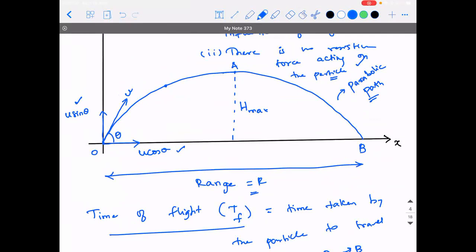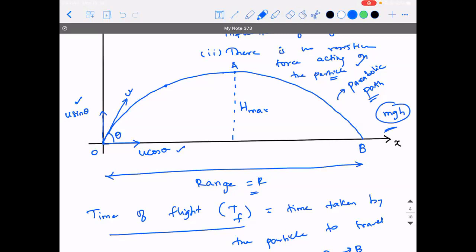So initially, what did the particle have? It had only kinetic energy. Potential energy is a relative quantity. What do I mean by relative quantity? It means you're trying to measure the potential energy with respect to what? Correct. You would have learned this formula as mgh, but the most important point is, where is that height measured from?